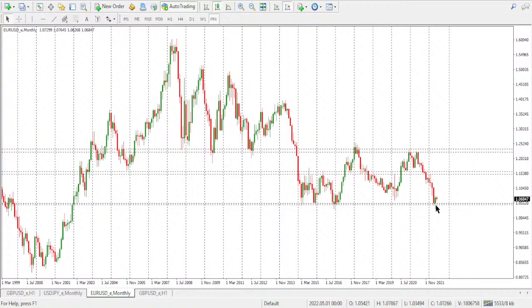This is going to be a good place we want to look for a buy from. The line at the bottom is 1.04887. Then the line at the top is 1.05337.